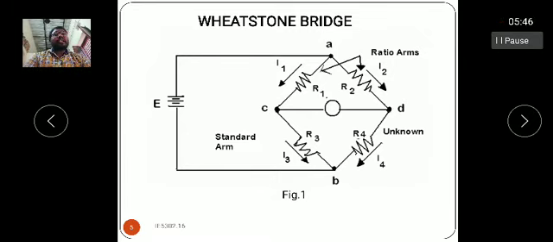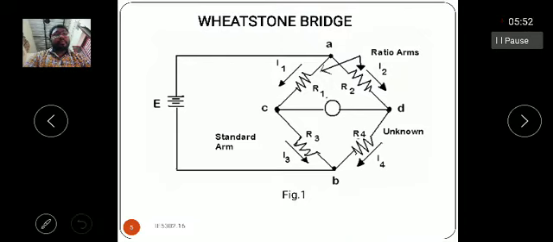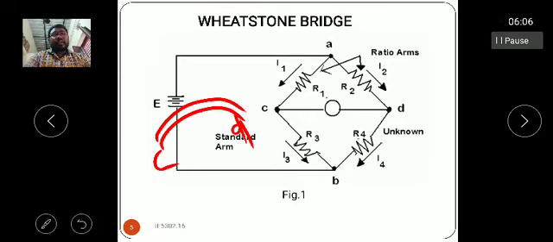In this particular diagram, what we have to observe is that there is one path, and between C and D we have one more path.